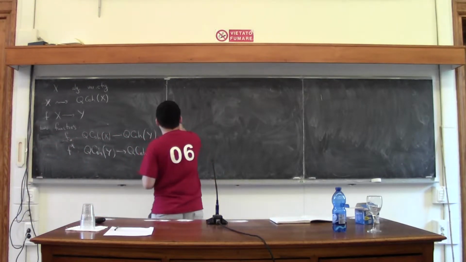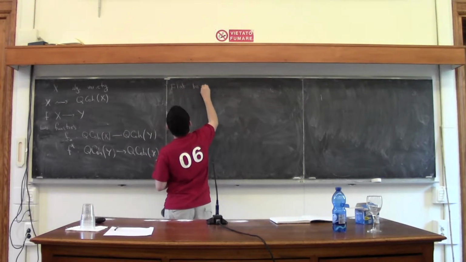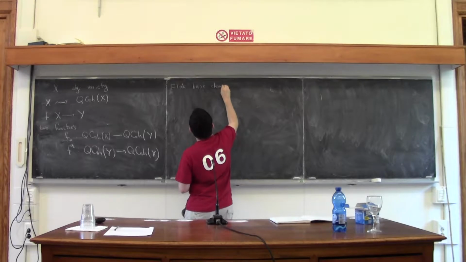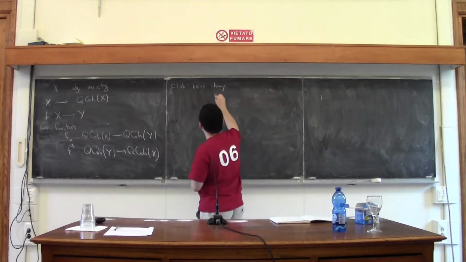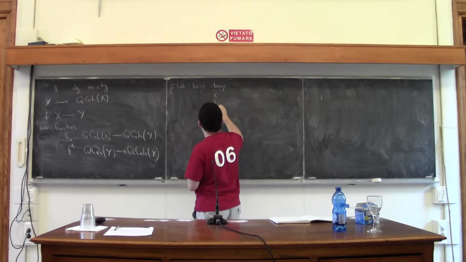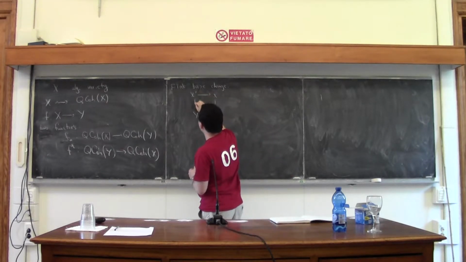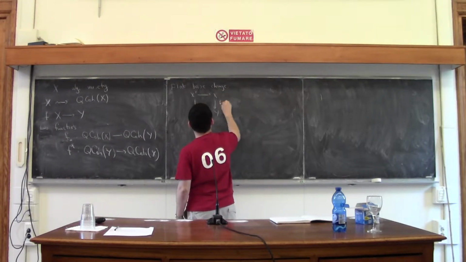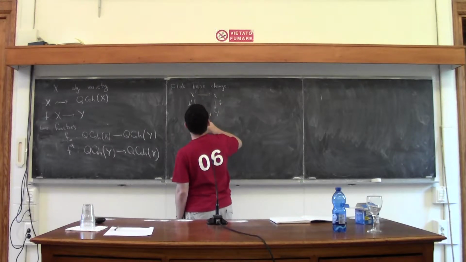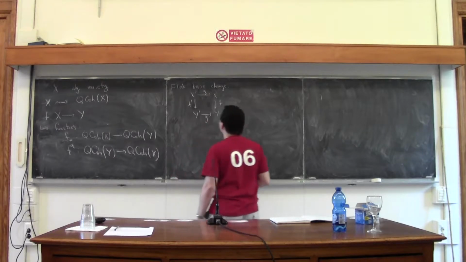Furthermore, we have what's called flat base change. So if we have X mapping to Y and Y prime mapping to Y, we can consider the fiber product. Let's give these names: f prime, g prime.